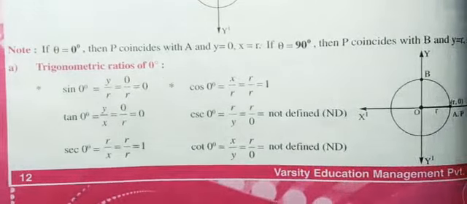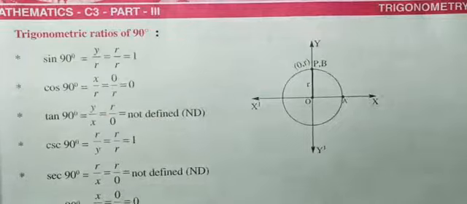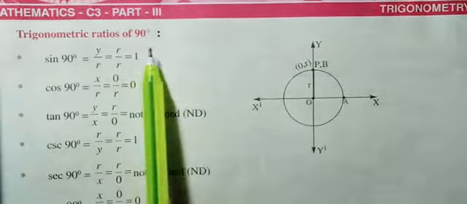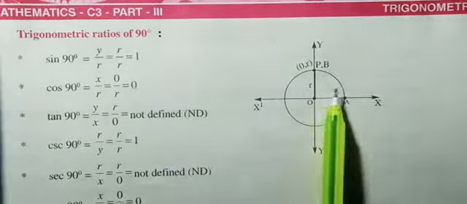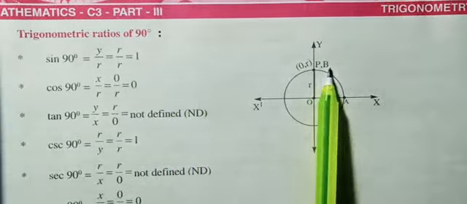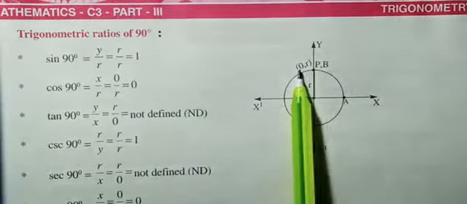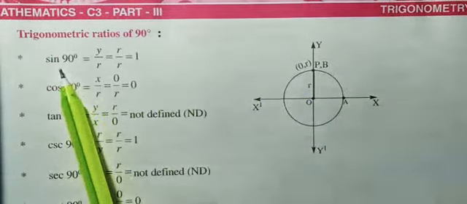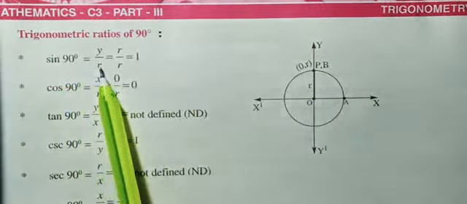Next, move to the trigonometric ratio of 90 degree. If theta is equal to 90, the point P coincides with B, so this is my 0 comma r. Sine 90 degree is equal to y by r, that is r by r, is equal to 1.